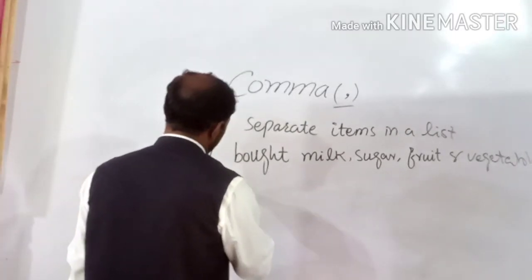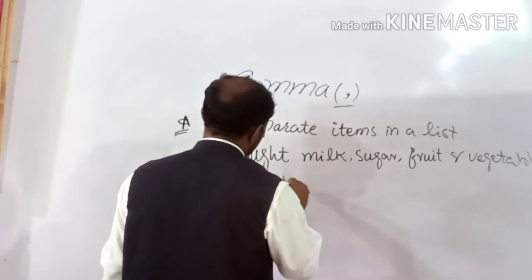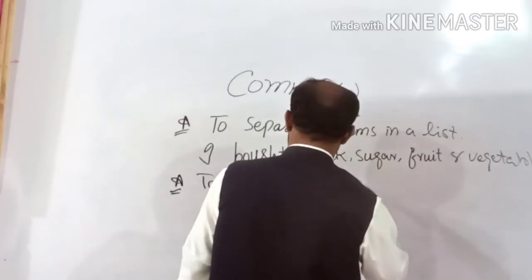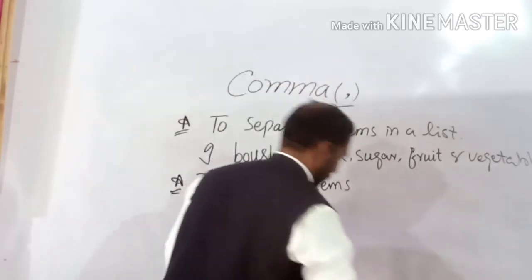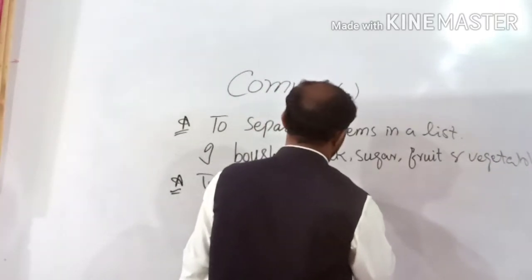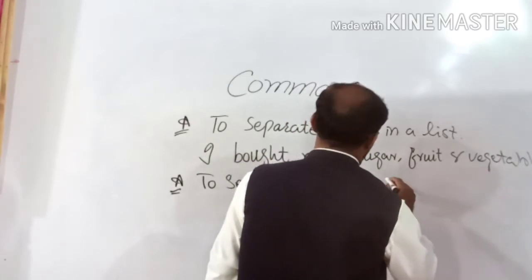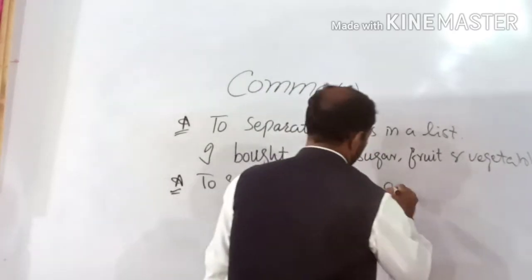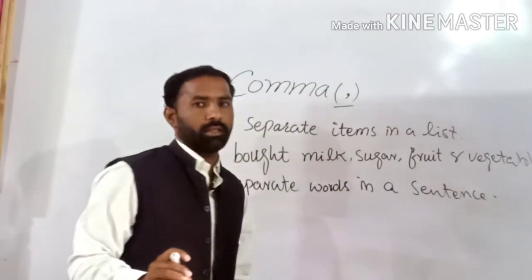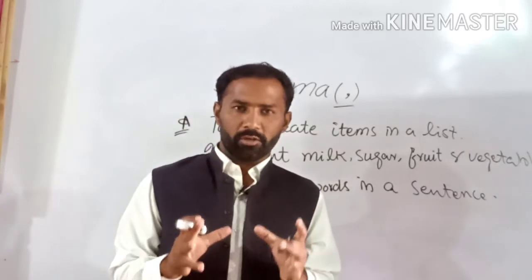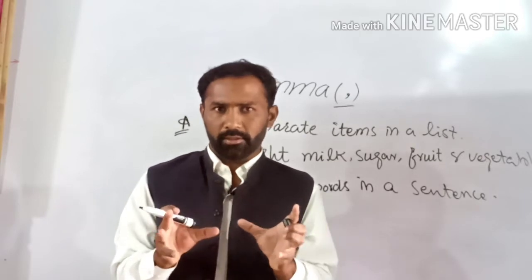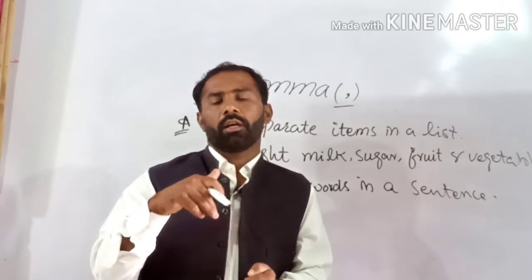To separate words in a sentence. For example, I say that frankly, unfortunately, fortunately, hopefully, these types of words are sentence adverbs, because they are not part of the sentence.